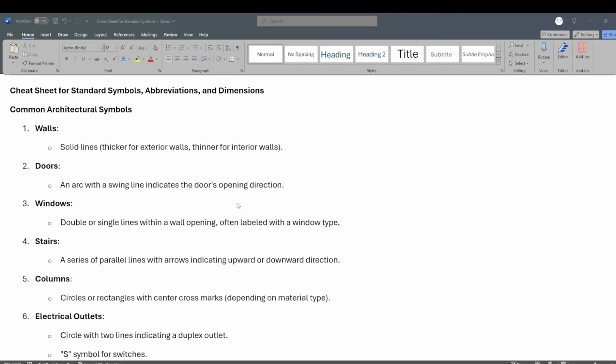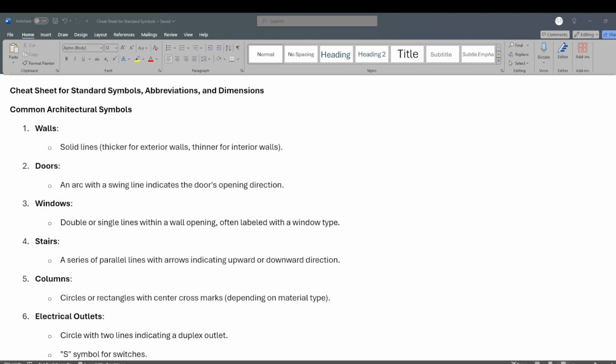In this video, we're going to talk about things specific to the A plans themselves and how they represent these three or four or five or six things. Okay, so walls, solid lines. They may be thicker or thinner depending on if they are represented as 6 inch studs, or 2 by 4s, 2 by 6, or 3 and 5/8, or 5 and 7/8.